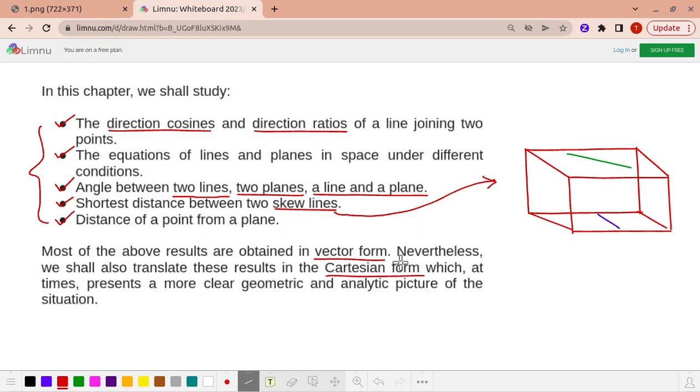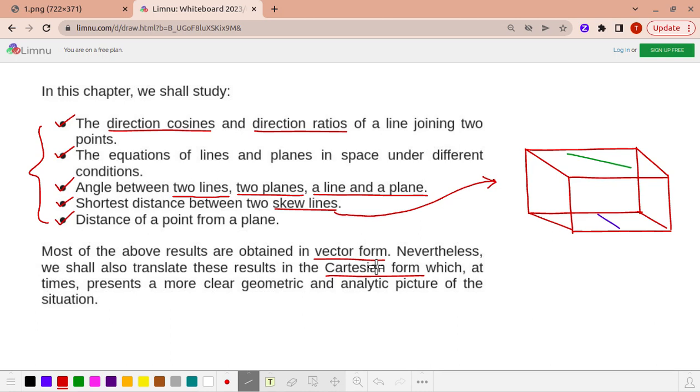In simple terms, whatever results we obtain, first we will obtain them in the vector form, and then we will make them into the Cartesian form, so that you will be able to get the result in both forms. And in the exam also, there will be questions asking you to give the answer either in the vector form or in the Cartesian form.